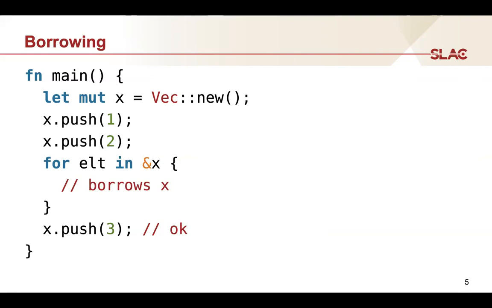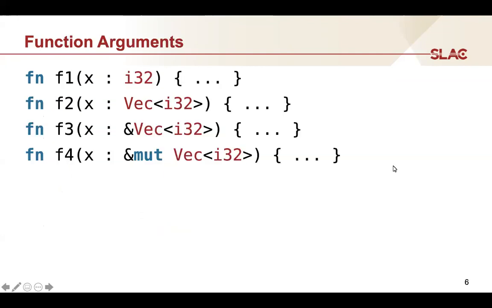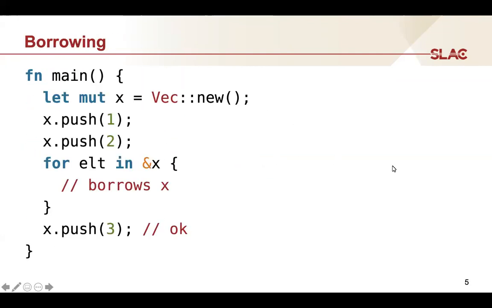I see a question in the chat about the ampersand being on the X rather than the element. Right. Sorry, my interface is glitching. When you have a reference to something and you iterate it, that turns into an iterator on references of the elements.